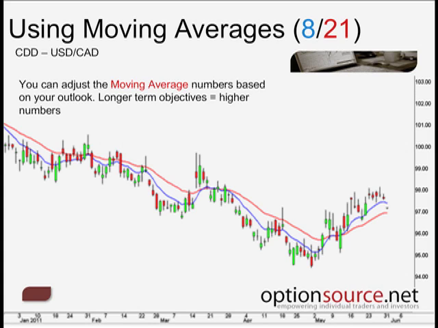And for people that don't want to spend a lot of time focusing on their price charts, and you don't want to be too elaborate with your analysis, the double moving average crossover becomes a very, very simple technique that you can utilize to establish a change in direction for a particular pair value. So what we have here is, you'll notice that the CDD was trending to the downside.